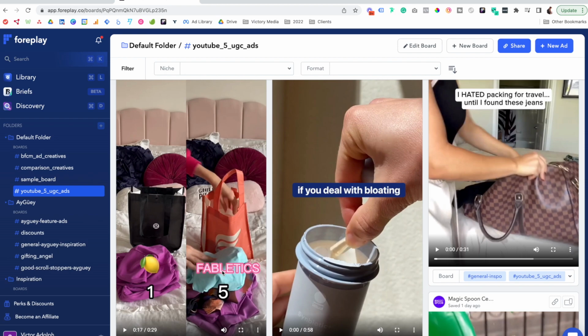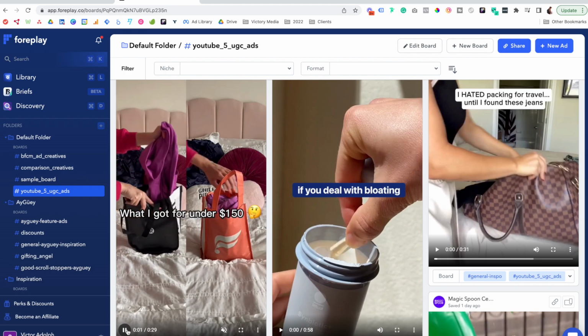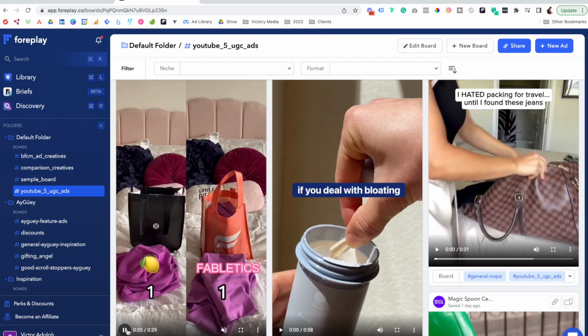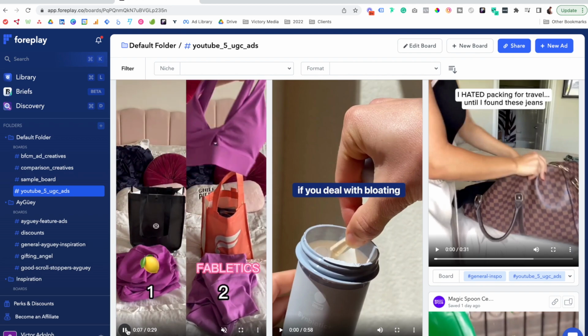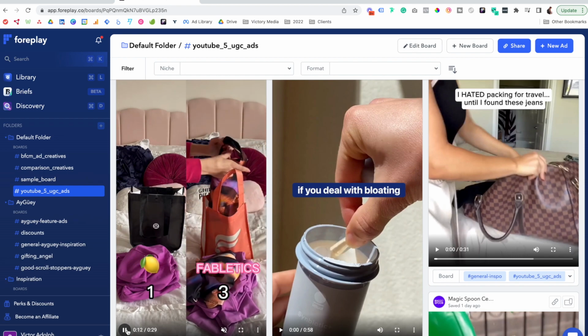And therefore, it is a super straightforward UGC ad where, again, what I got for $150, it is attention provoking, right? And then they raise awareness of a problem that people might not have thought about so much before. They just have taken Lululemon prices as a given.